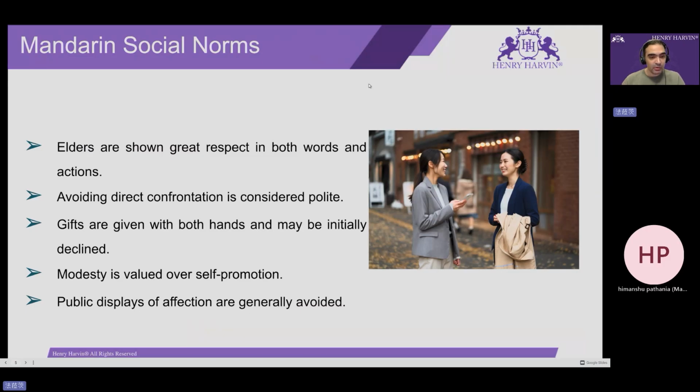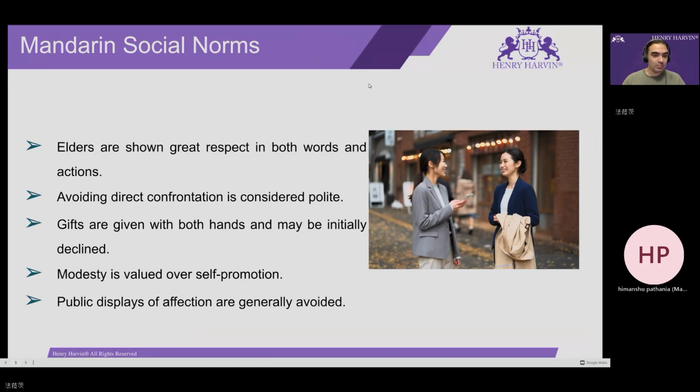Modesty, just like I mentioned before, is valued over self-promotion. So no matter how successful one is or can be, he should always remain modest, and he should always show willingness to learn or improve even more, because there is no such thing as perfection in Chinese society when it comes to achieving success. It's all about continuous training of yourself as a professional, and being willing to move forward and learn more and more.